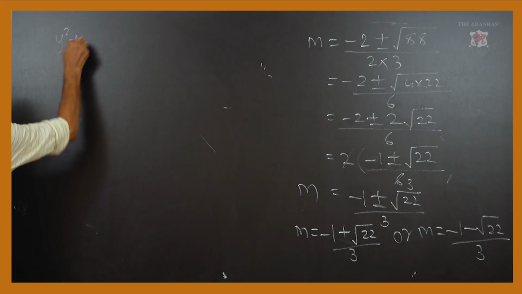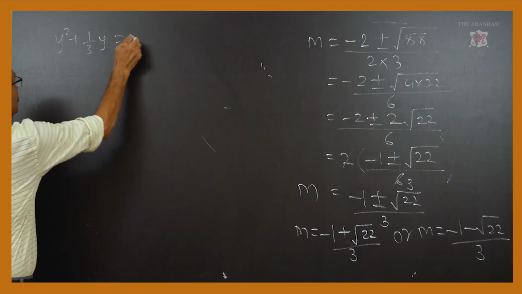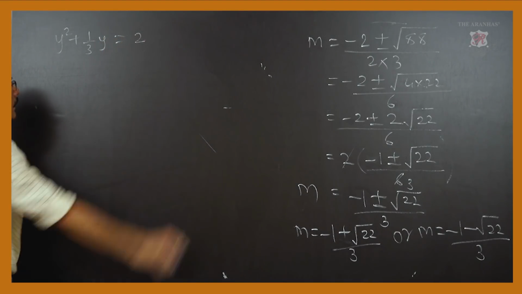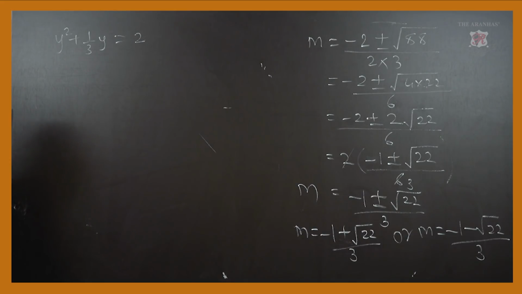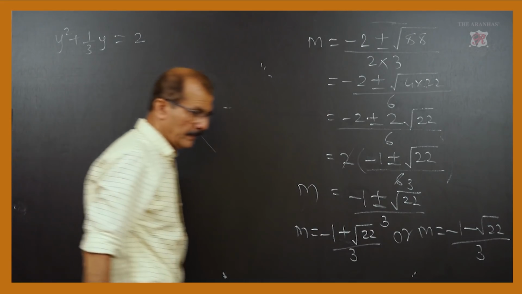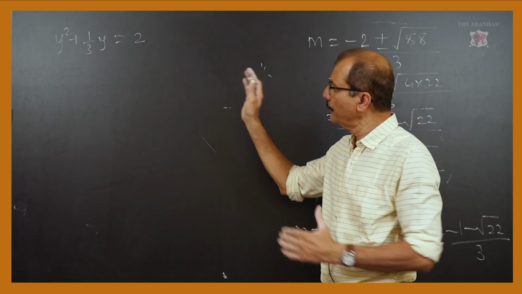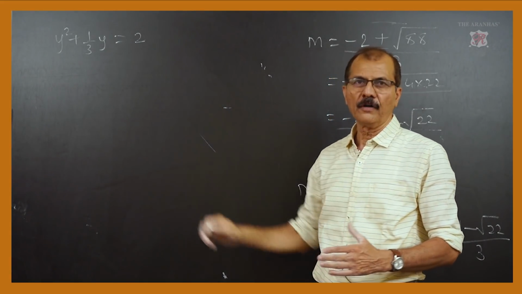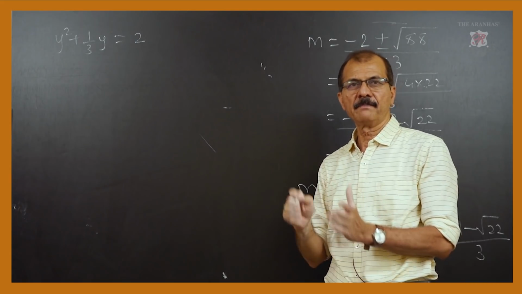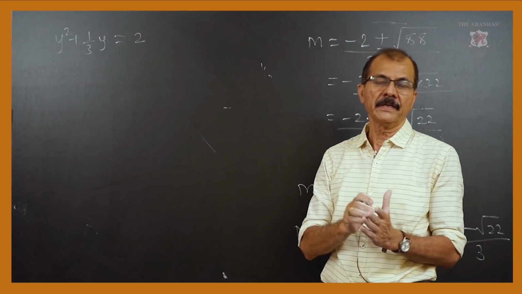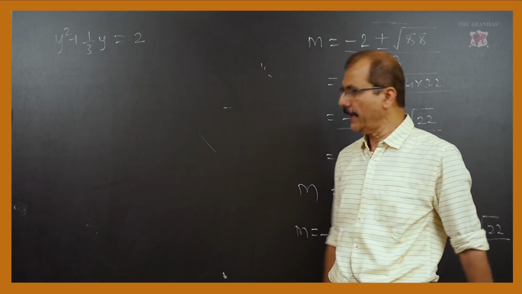y square plus 1 upon 3y is equals to 2. Now, here first of all you try to bring it in the form of ax square plus bx plus c, and then you compare it and find the values of a, b and c.